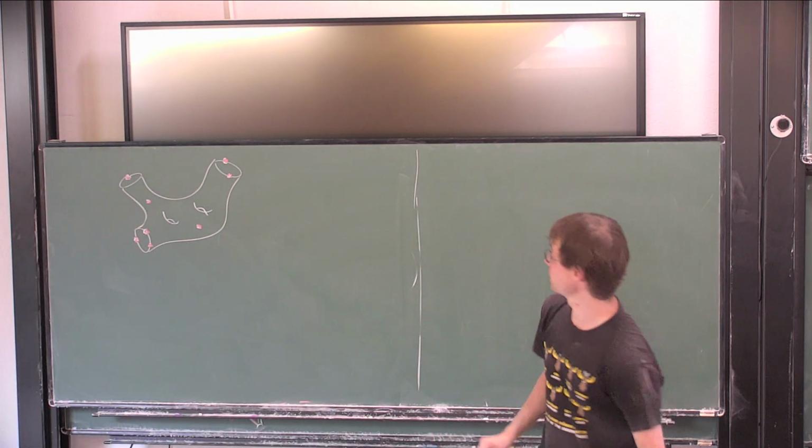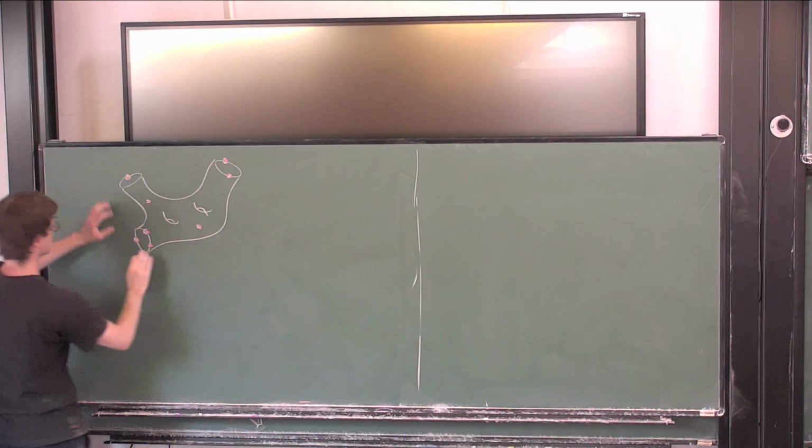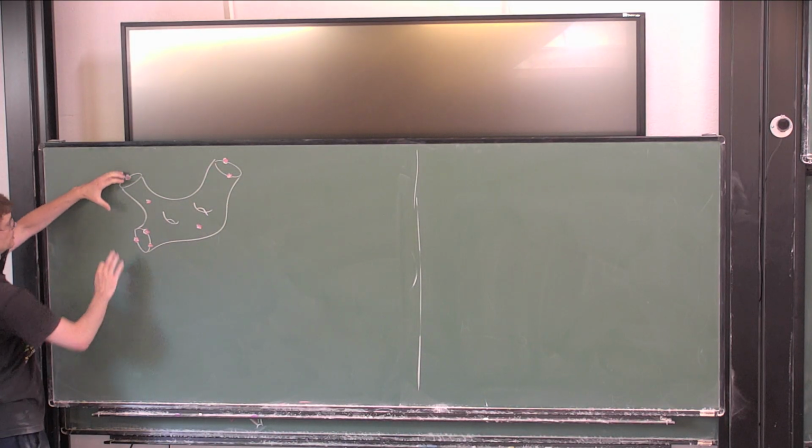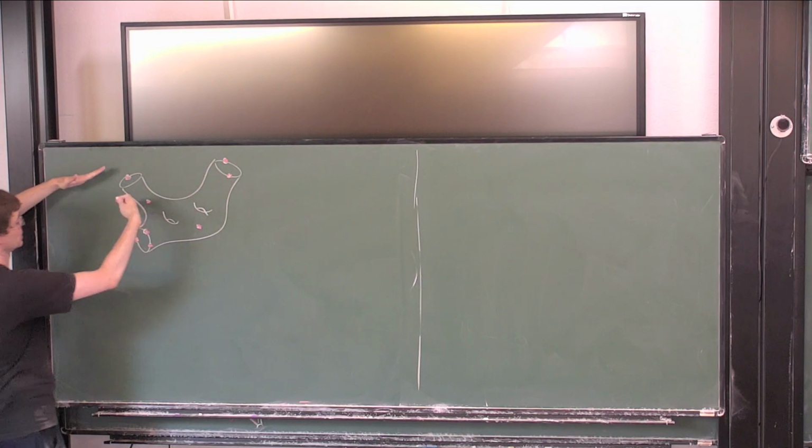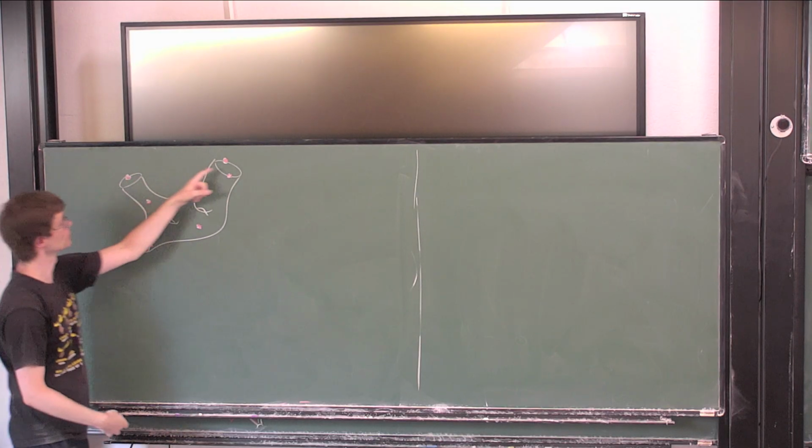So you start from somehow this picture without the red dots and without these disks. So you start from this closed thing, then you cut out disks. This gives you the boundary components.